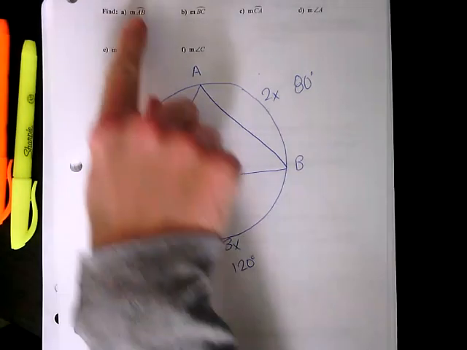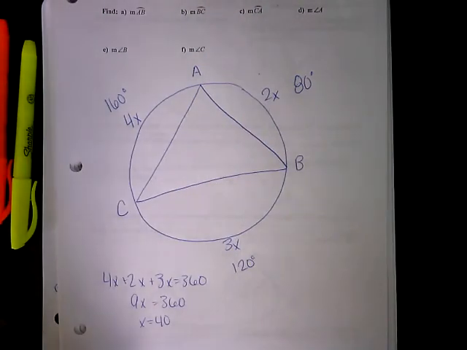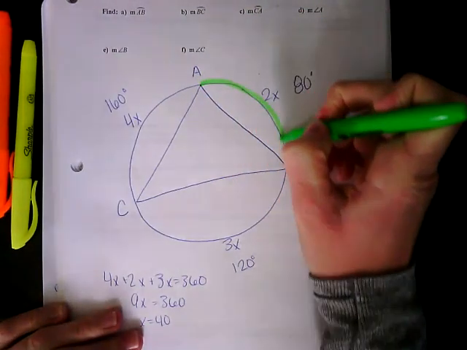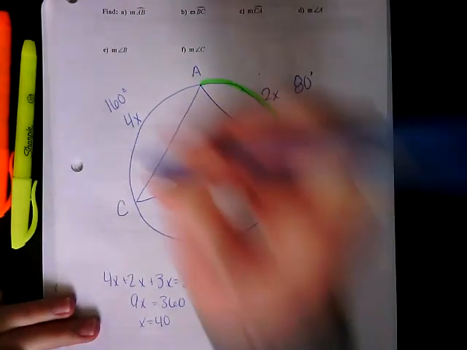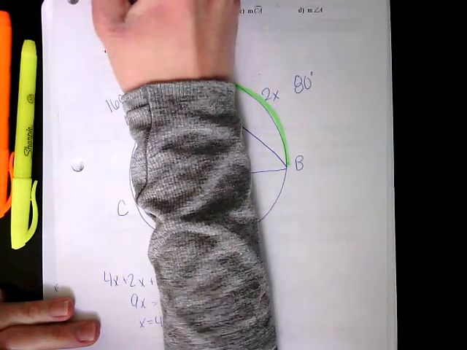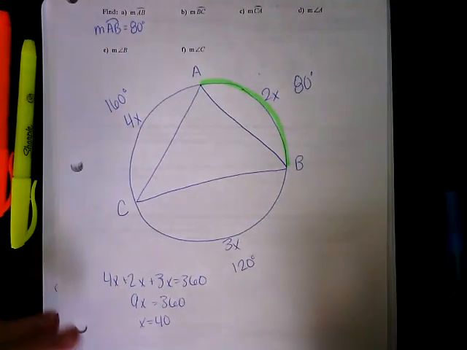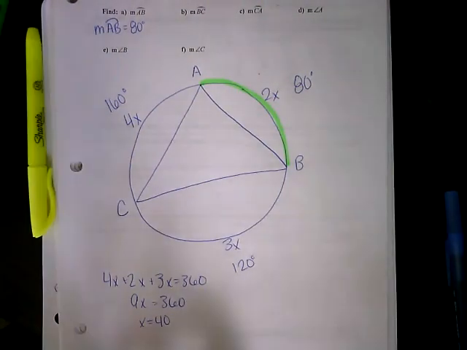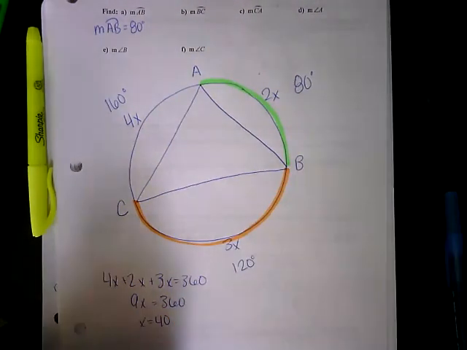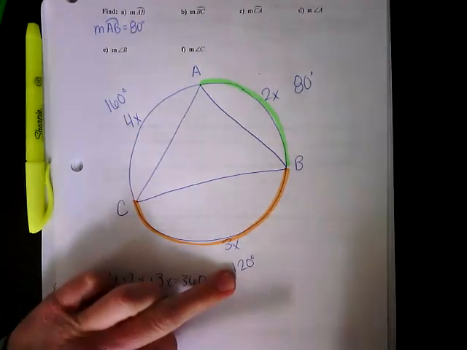So we just answered the first 3. The measure of arc AB is this one, which is 80. So the measure of arc AB is equal to 80. The measure of arc BC is this one, which is 120.